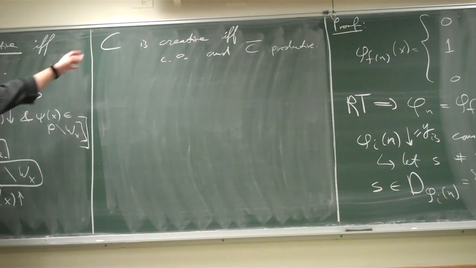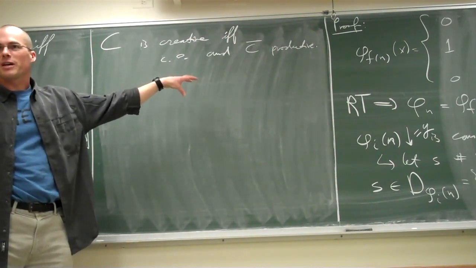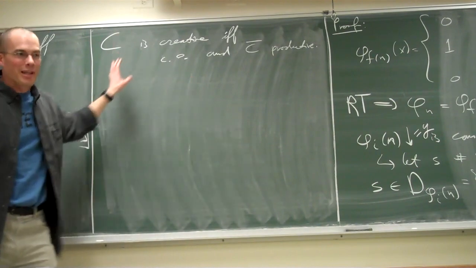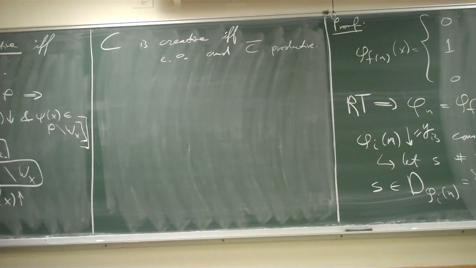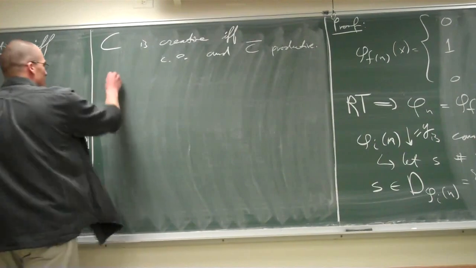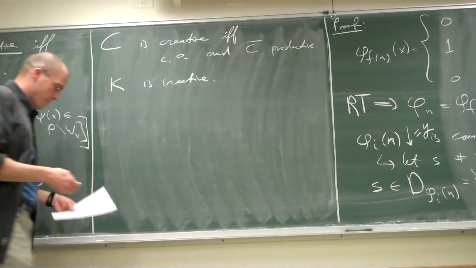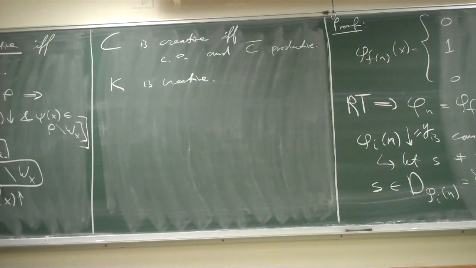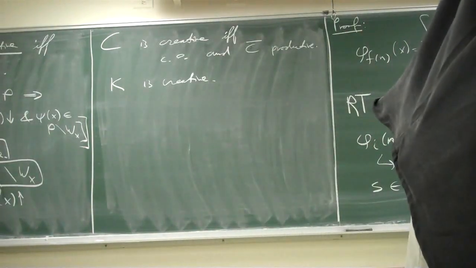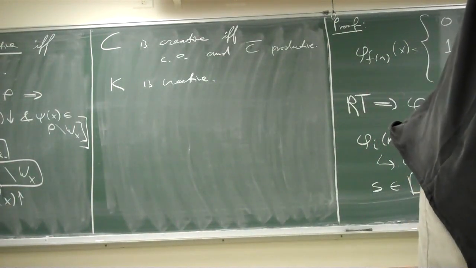So this means C is equal to Wx for some x, but its complement is effectively different from any Wx. That's what creativity means. And by the proof that K bar is productive, and we know K to be CE, we know that K is creative. So a creative set is a CE set that is effectively non-computable.